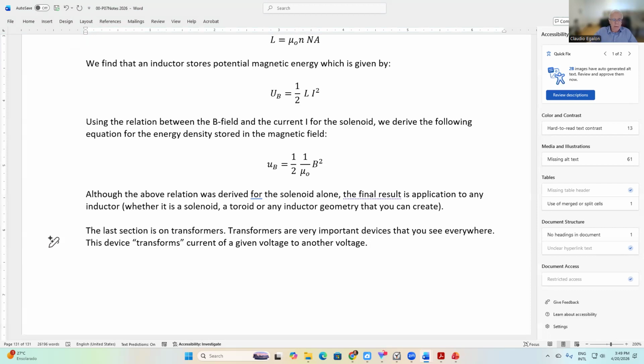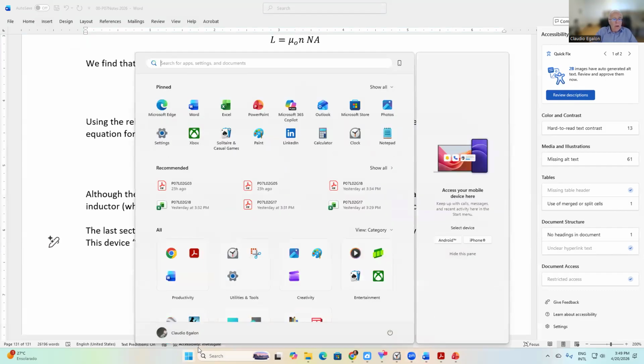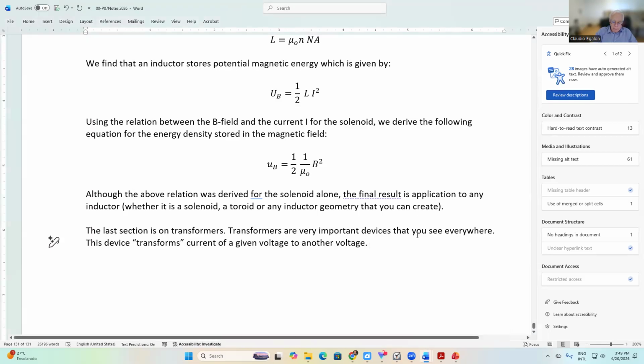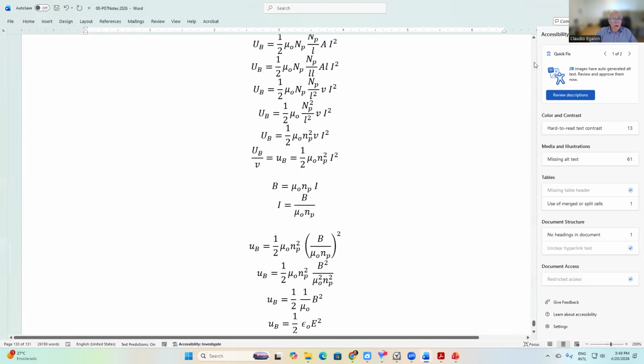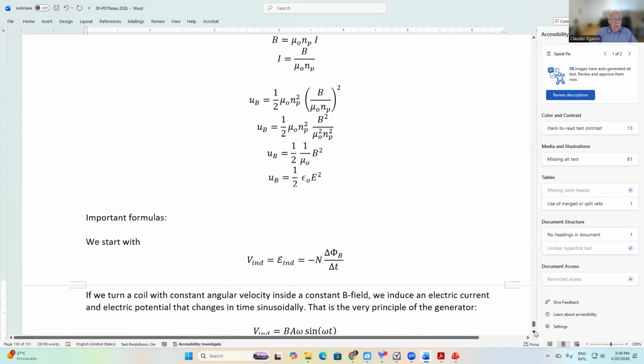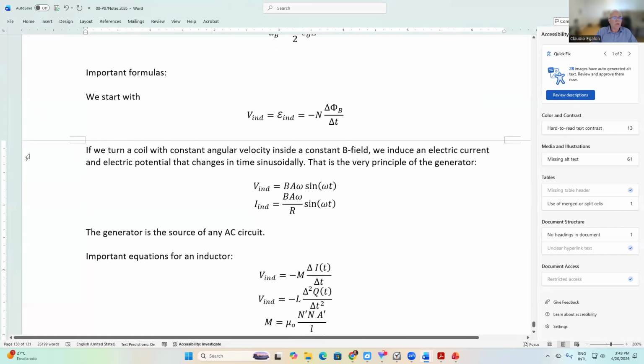Just recall that your generator, let's not forget, I didn't plot here for you, but it's important. Let me plot that for you. Recall that generators, we derived that equation, right?